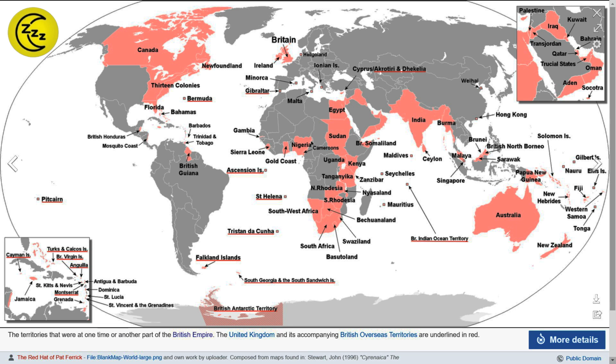Britain's victory in the South African War of 1899 to 1902 enabled it to annex the Transvaal and the Orange Free State in 1902 and to create the Union of South Africa in 1910.